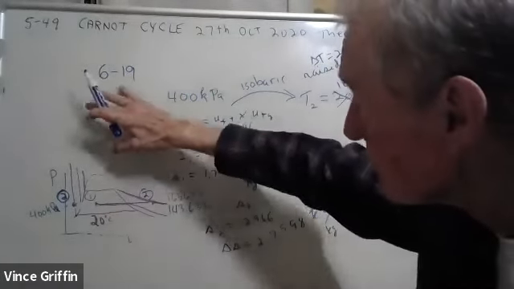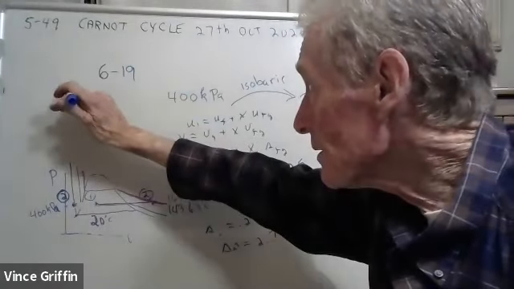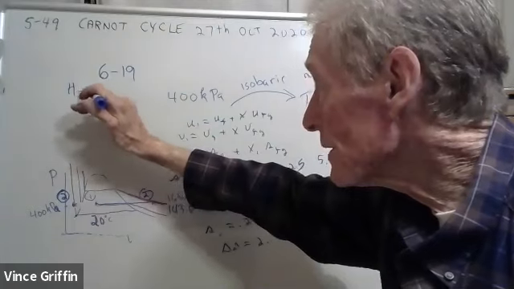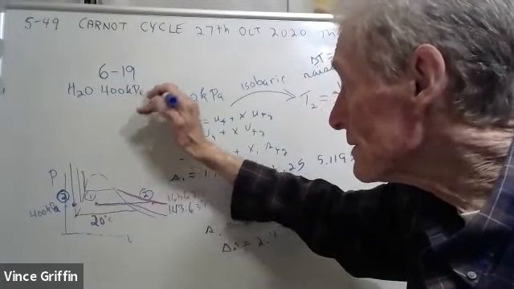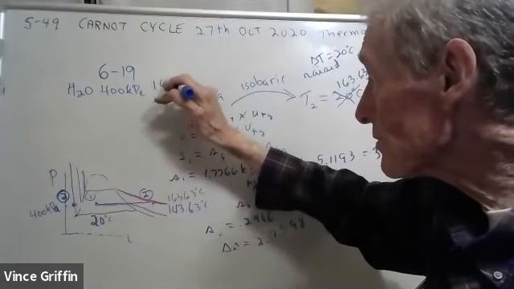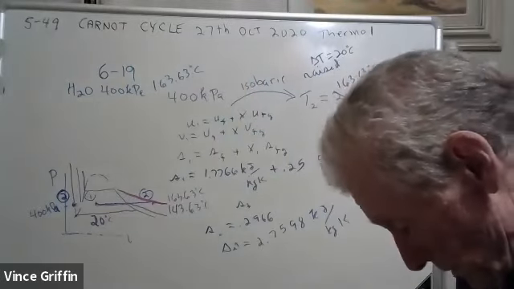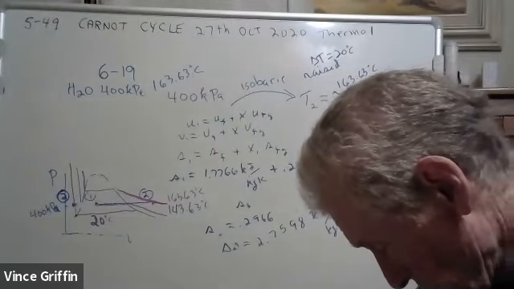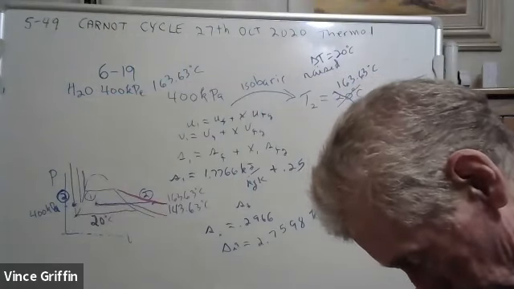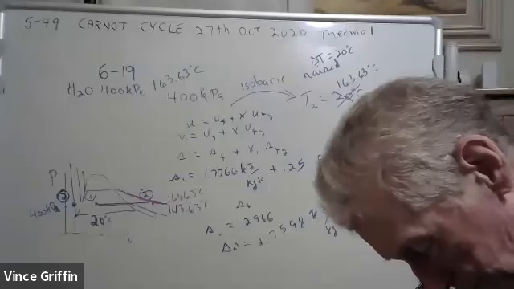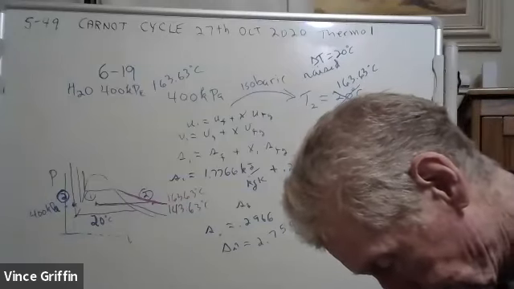We're doing 619. And right now we're trying to find water at 400 kilopascals at a temperature of 163.63 degrees Celsius. Okay, well now here's what they said. Water, 400 kilopascals.